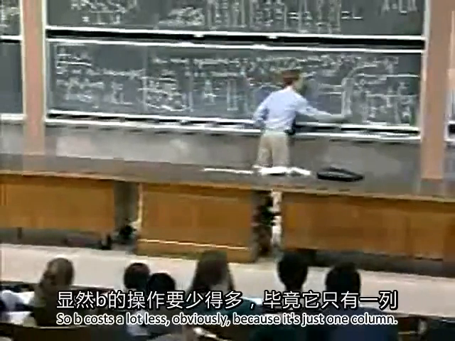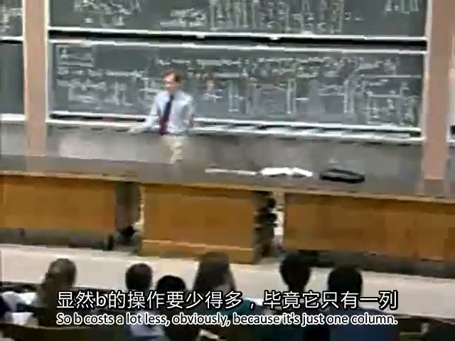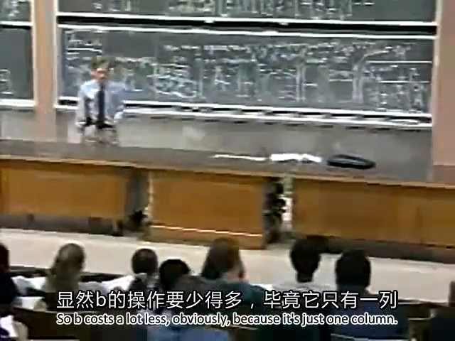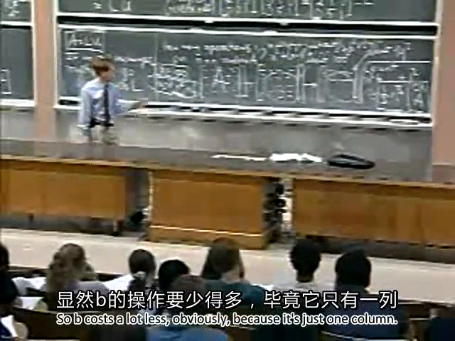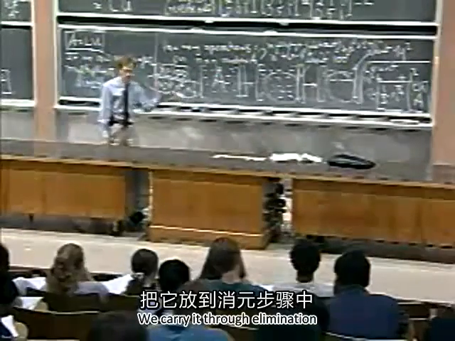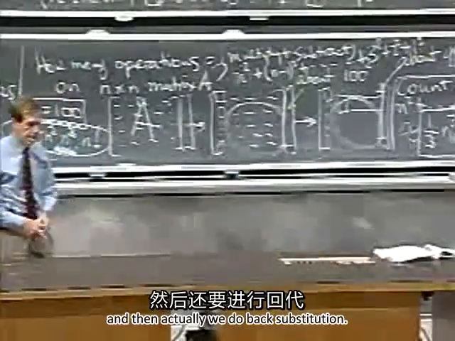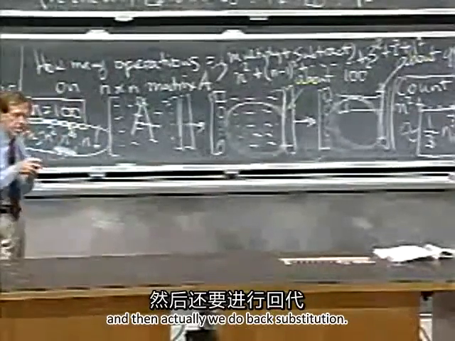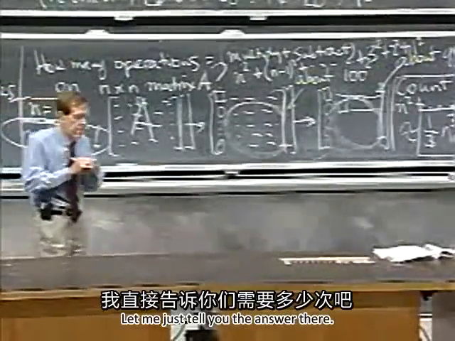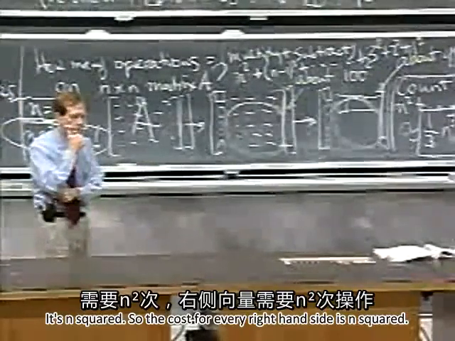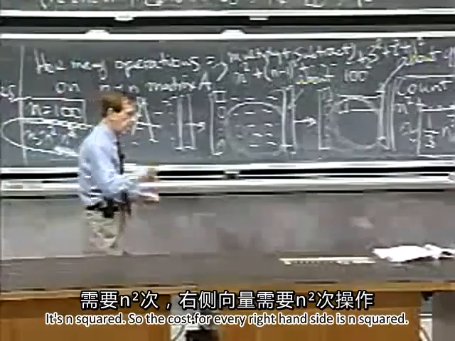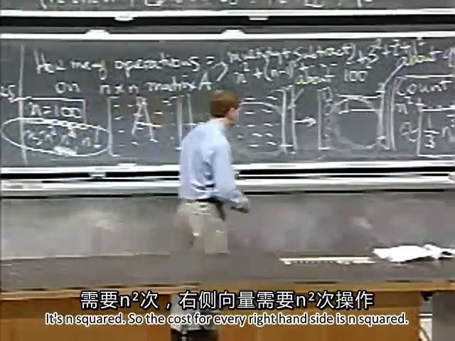It costs a lot less, obviously, because it's just one column. We carry it through elimination, and then we do back substitution. Let me just tell you the answer there. It's n squared. So the cost for every right-hand side is n squared.